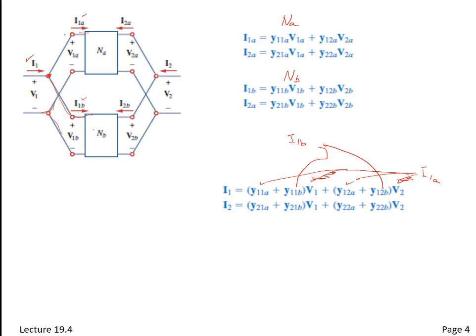That makes I1B. So we know what we're headed toward here. We're headed toward I1 equal to I1A plus I1B. And we can keep on going so that we get I2 is equal to I2A plus I2B.